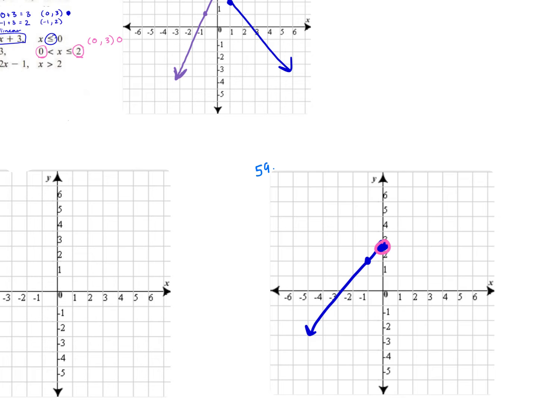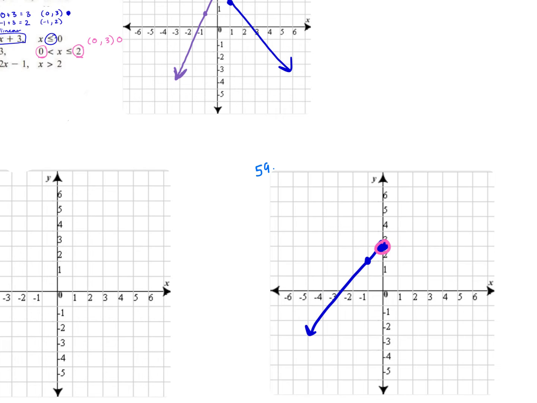That's why we put an open circle there, because it's not really including 0 from this piece, even though it was already closed. So if you were doing this graph in pencil, it would look like a closed circle because of the blue part before. So it kind of doesn't matter that it's an open circle, but you're never going to put a dot on top of a dot because then it wouldn't be a function. So it's going to be an open circle on top of a closed one if you have one overlapping.